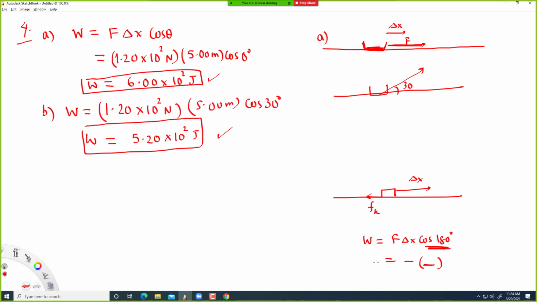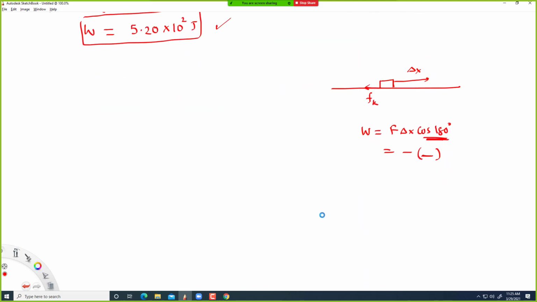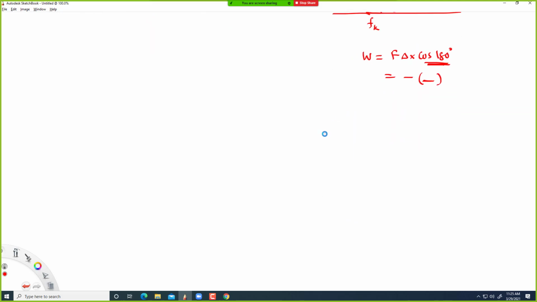So now let's look at number 5. So not 5, sorry, number 3 first. Number 3. So let's draw the free body diagram for number 3 first. So there's a box.